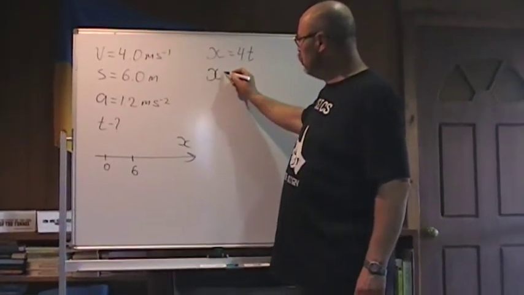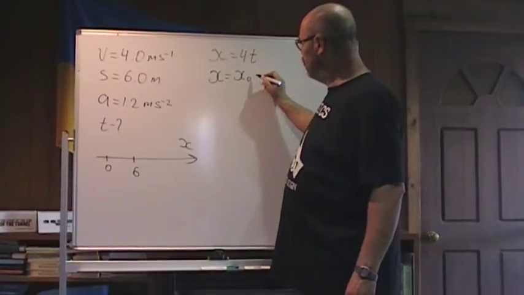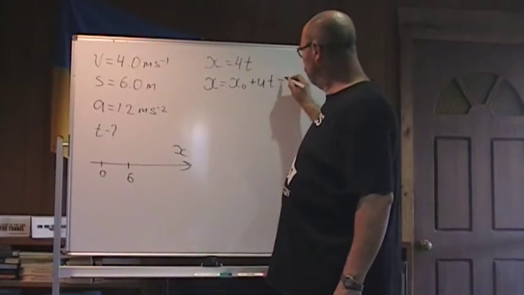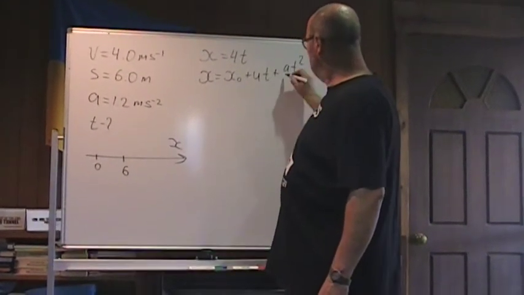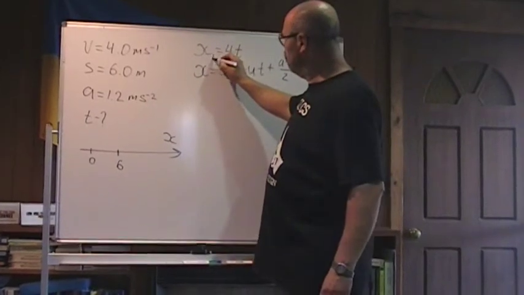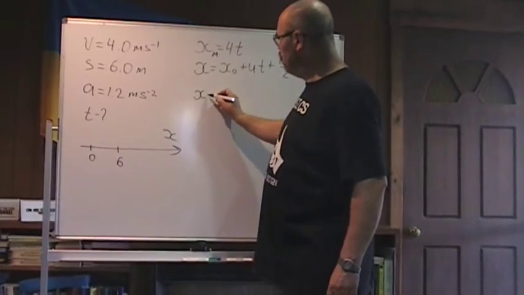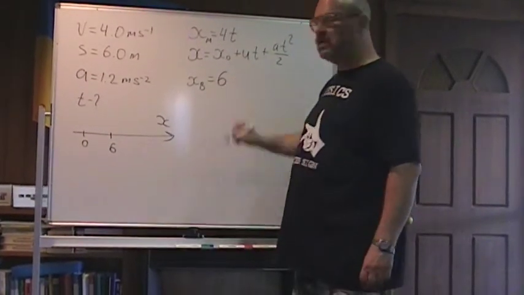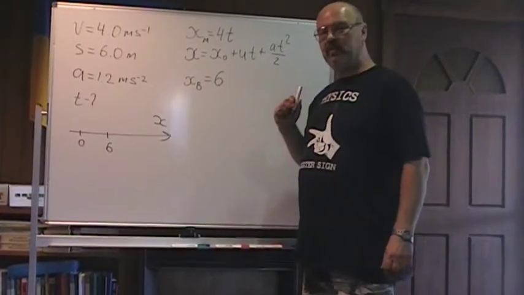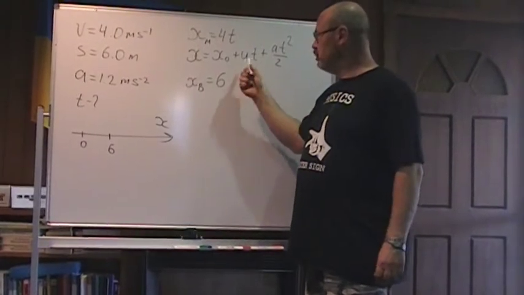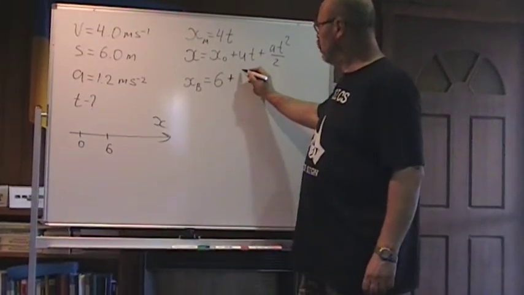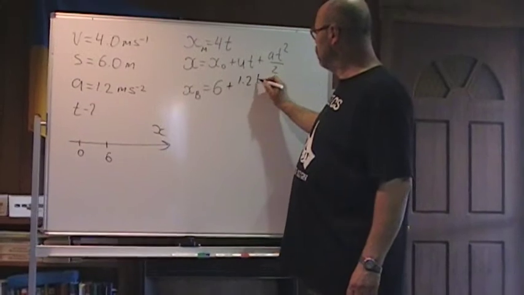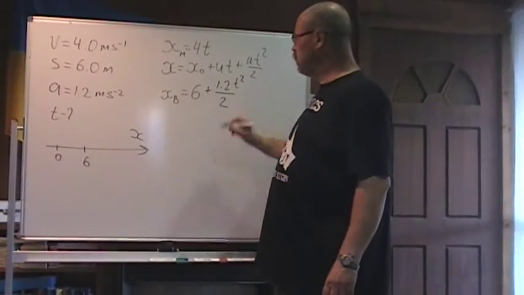The equation of motion of the bus will be: initial position is 6, initial velocity of the bus is 0, so plus 1.2 t squared over 2.